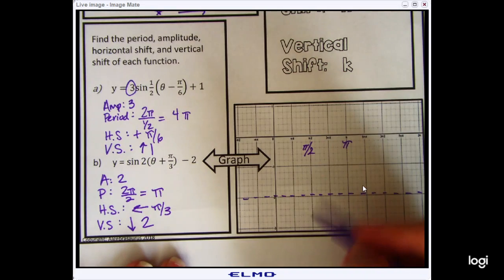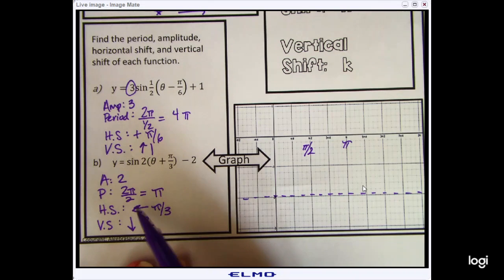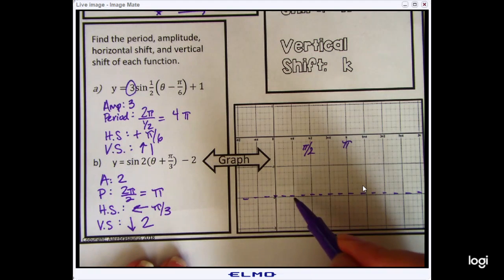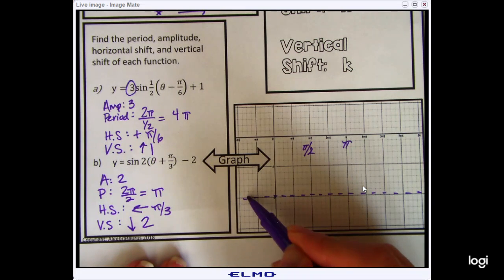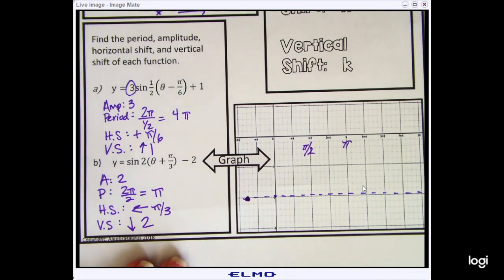And instead of starting at 0, we have moved to the left pi thirds, which would be just over here. ALEKS will make it nice and neat. It would be obvious that that was pi thirds, okay?